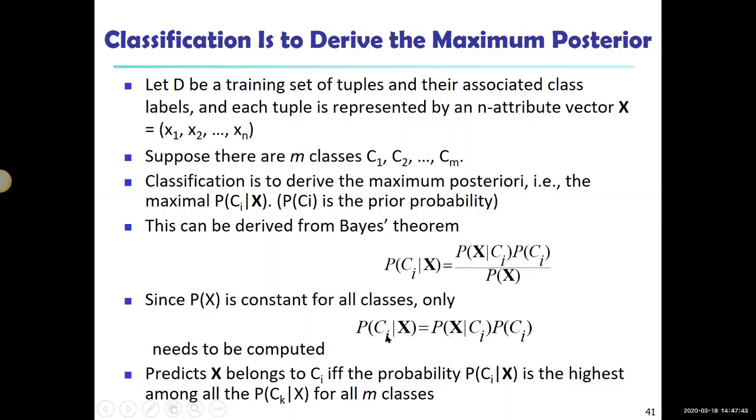If P(C1 given X) is greater, then we believe X belongs to class 1. If P(C2 given X) is greater, then we think X belongs to class C2.